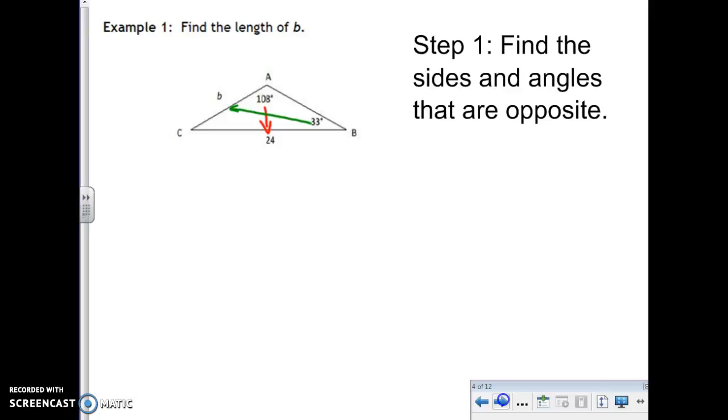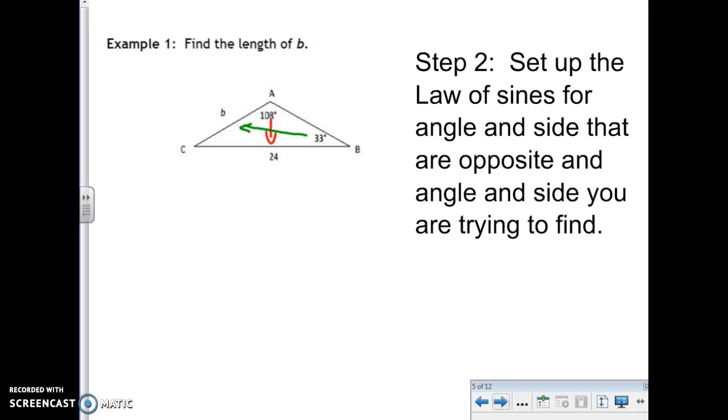The second thing that I do, once I know that, is set up the law of sines for the angle and side that are opposite and the angle and side you are trying to find. So in this case, I'm going to use the sine of 108, which is opposite 24.